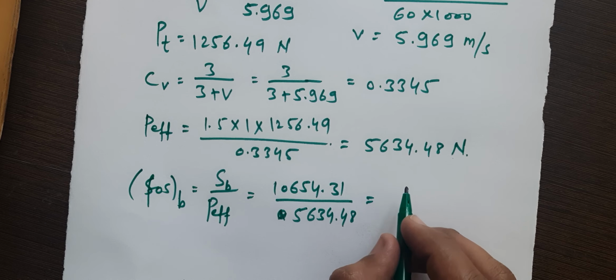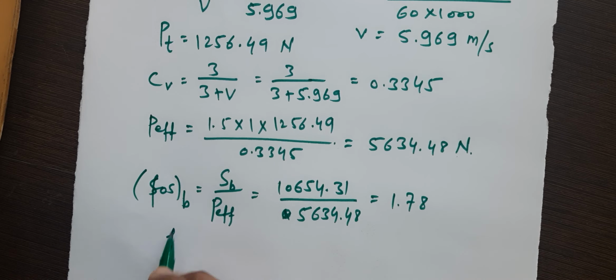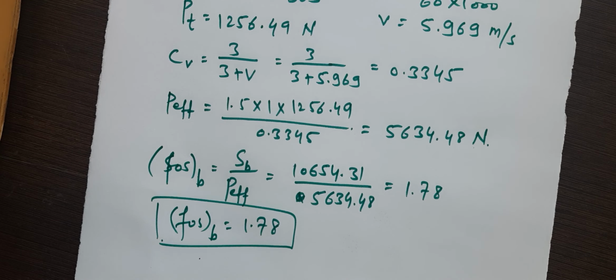After calculation you will get factor of safety as 1.78. So this is the factor of safety against bending by considering velocity factor accounts. Okay, so number 1 we have completed.